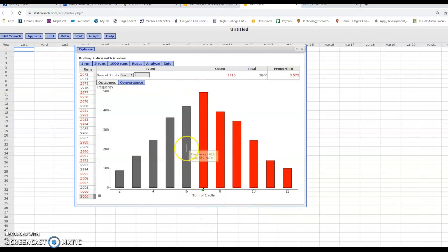Okay. So if I check the proportion of all these events, I'm going to take the sum of the 2 dice. Let's go equal to 2. Notice that that sum was a proportion of 0.029.